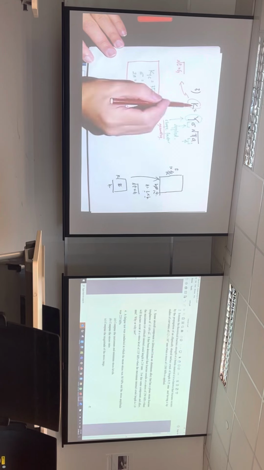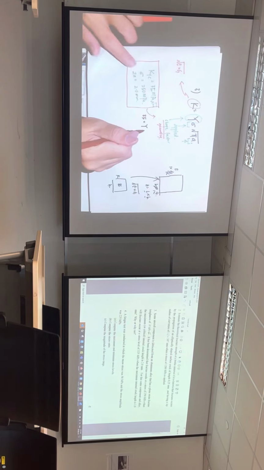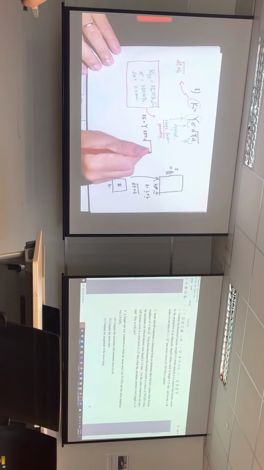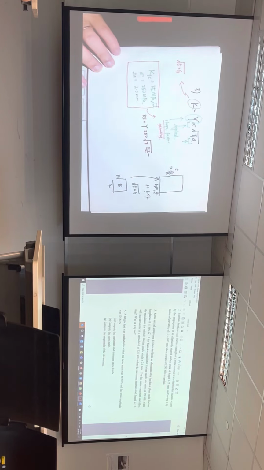I have 35, but I do not have the Y. I have the sigma, which is 250, the root, and then I have the a, which is 2.0 over 2, in mm. So the only unknown I have is my Y. Correct? So I can find Y.